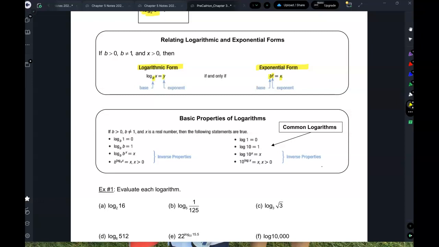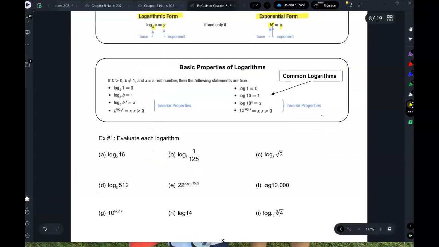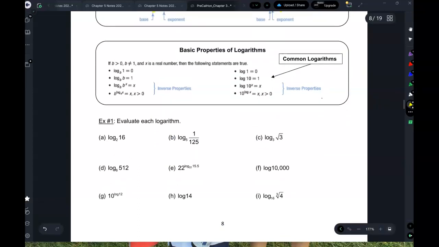Y is always the exponent, and then the value that it equals. Since the logarithm is looking for an exponent, the answer to a logarithm is always an exponent. So whenever I ask you a log, whatever it equals is the exponent of the base.